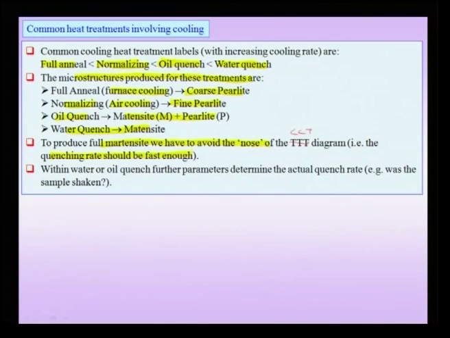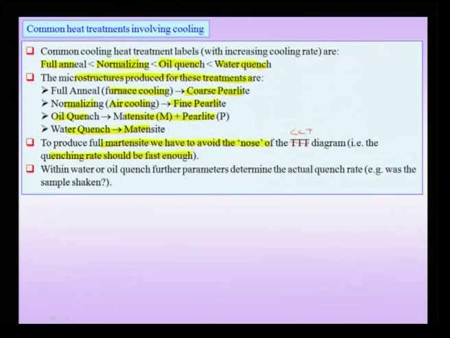But of course, we have to keep in mind that in all practical situations there might be some amount of retained austenite, that means all the austenite might not have transformed into martensite, and we may have some residual amount of austenite which is called retained austenite.